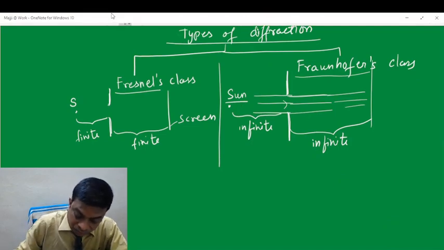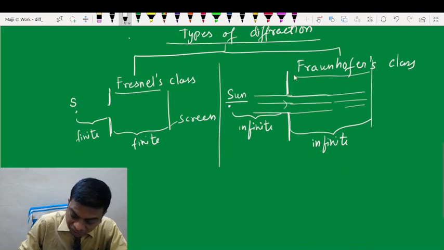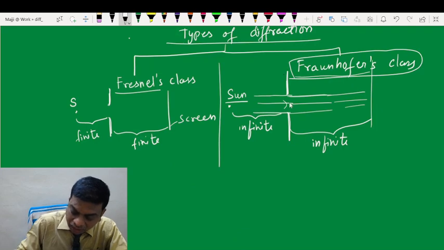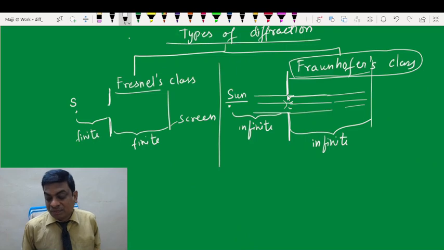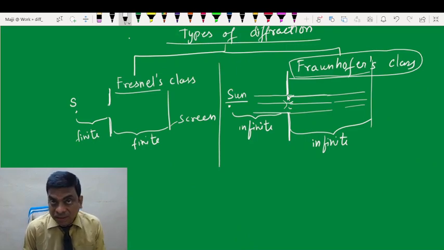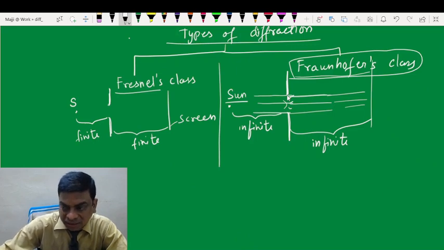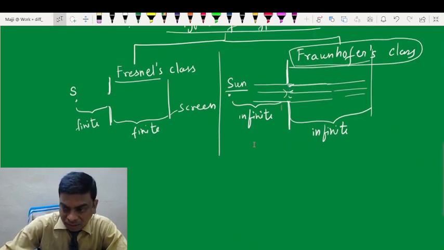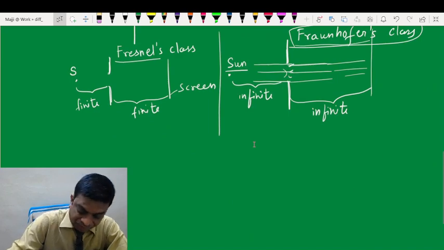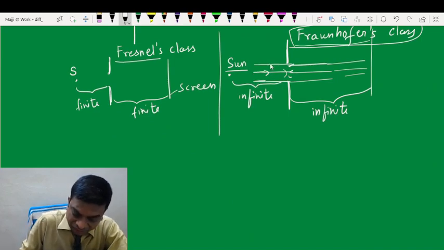Now here in our syllabus we will be studying only Fraunhofer's class of diffraction, and that too due to a single slit, because Fraunhofer's diffraction is also related to multi-slit, that is many slits. But here in our syllabus we will be discussing only a single slit. I hope that is clear. Now the incident rays must be parallel. In other words, the wavefront should be a plane wavefront.